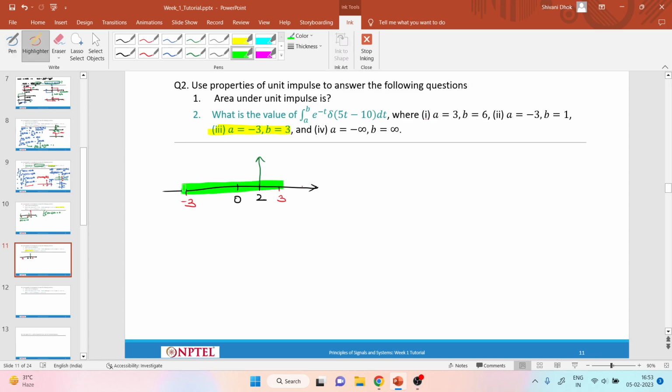Now it will be 1. Yes, correct. Now it will be 1. So this integral from minus 3 to 3 of e power minus 2 by 5 delta t minus 2 dt, in this region this integration will lead to 1, and therefore the value will be e power minus 2 by 5.